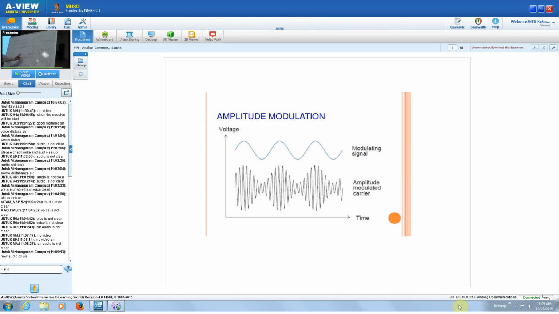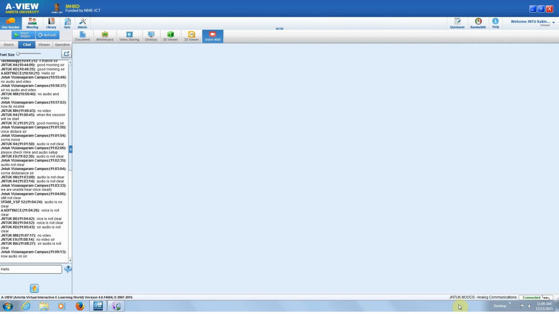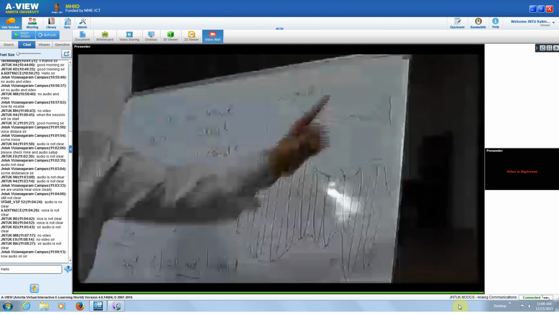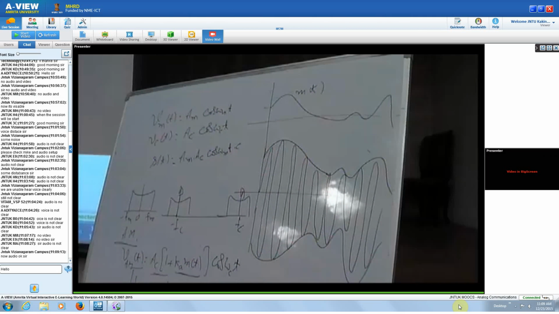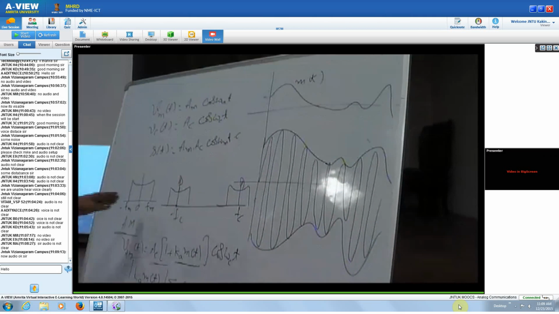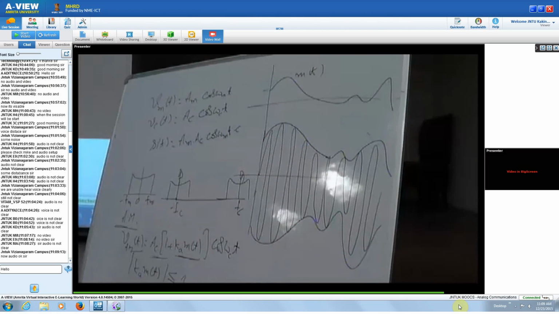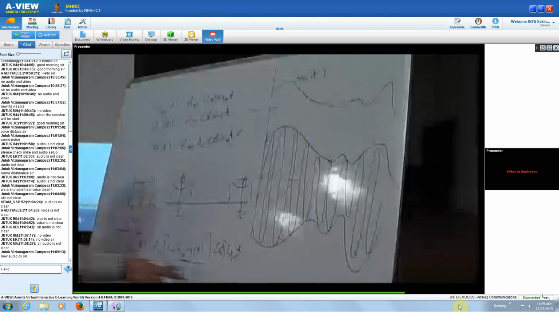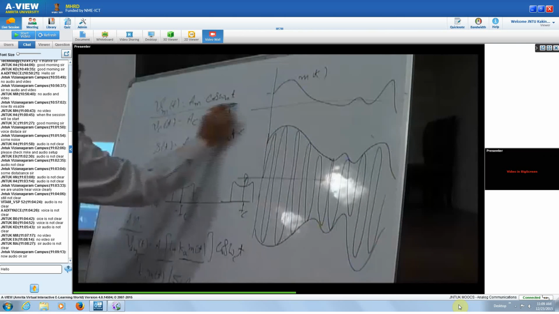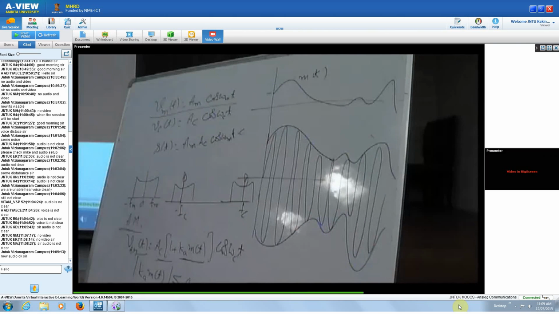So this is our AM signal, considering that we have a generic signal m(t) with frequency components from 0 to f_m. Suppose we have only the signal A_m cos omega_m t, a single tone frequency signal as the baseband signal.